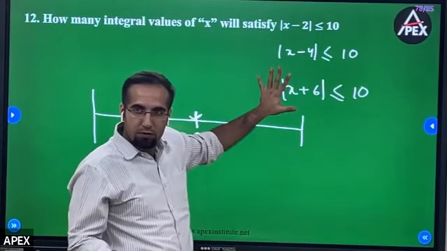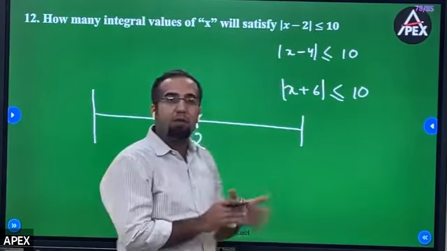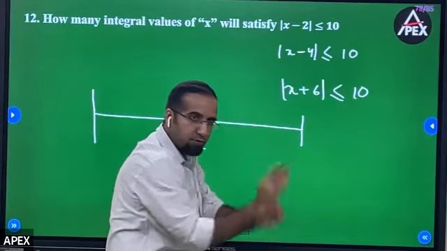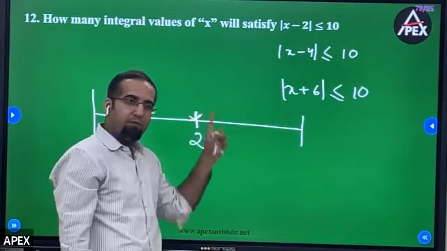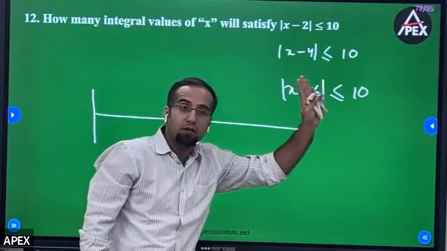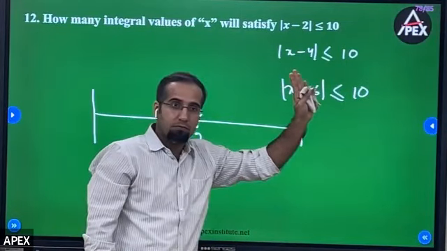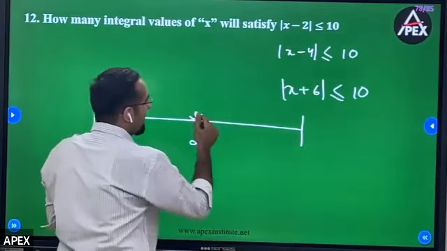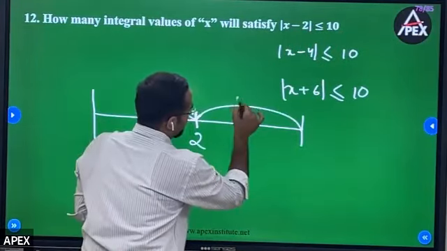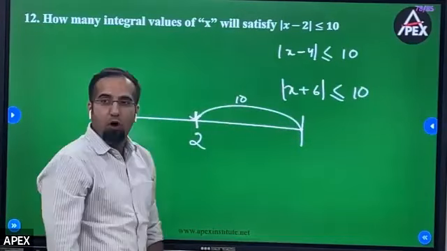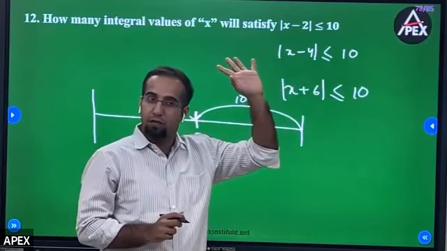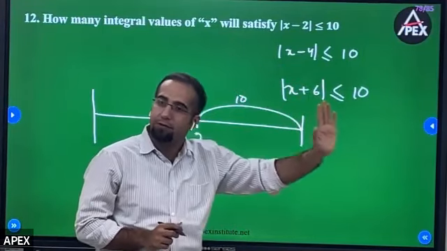Next, right hand side is equal to 10. That means I have to cover 10 units on my right. If this is an integer, every unit will also be an integer. Agreed? It says less than or equal to, that means all these 10 units will be considered, and I know that all the 10 units on the right are integers.